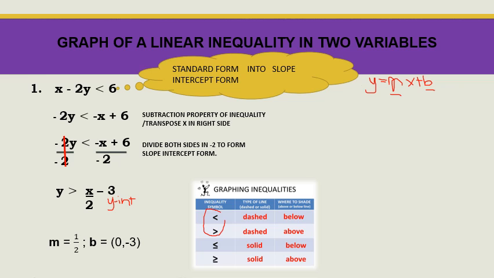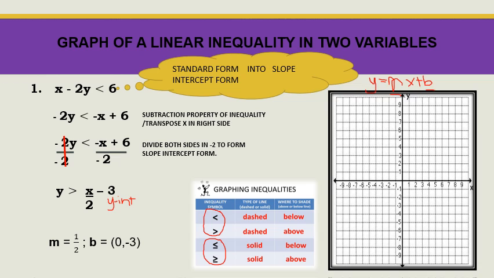Both are dashed lines, but they are different in shading. For less than, we have below shading, and for greater than, we have above shading. For the solid line, we have these symbols, and they differ only in shading. If this is the symbol, that is below shaded. If this is the symbol, that is above shaded. We're going to clarify that later. So this is the graph.